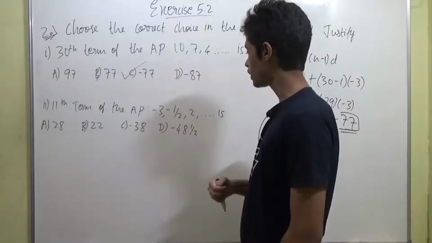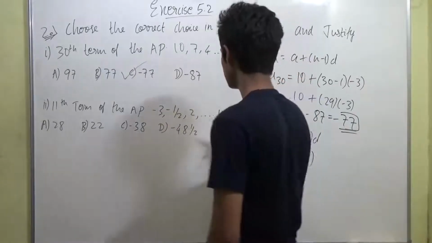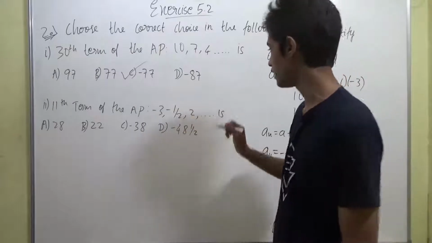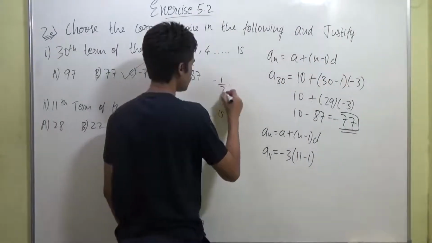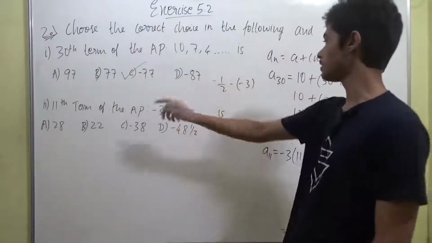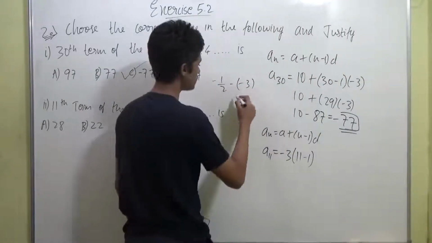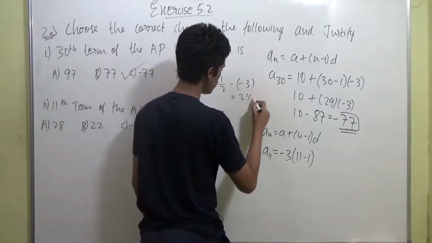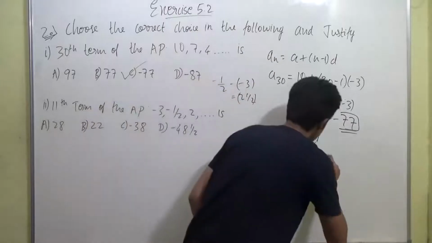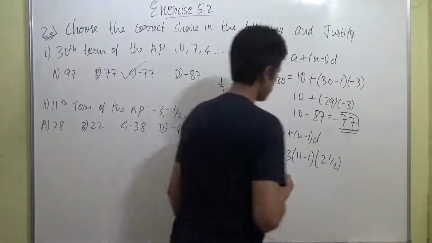If you want to find the difference, you have to do succeeding term minus preceding term. So if you do this, it will become minus half minus of minus 3. That time it will become minus half plus 3, which is nothing but equal to 2.5. Getting it, guys? So the value of d is 2.5.